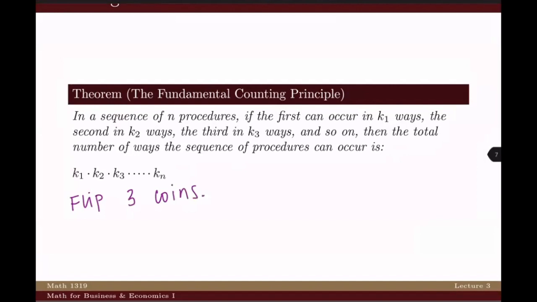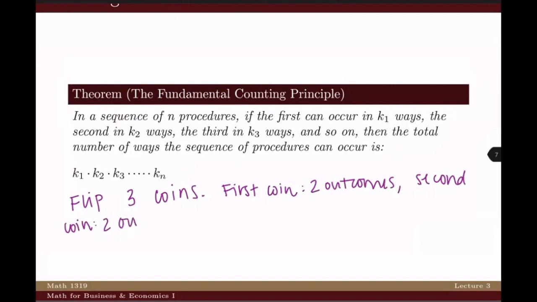Okay? So the first coin has 2 possible outcomes, right? Heads or tails. The second also has 2 outcomes, heads or tails. And the third coin has 2 outcomes as well, heads or tails.